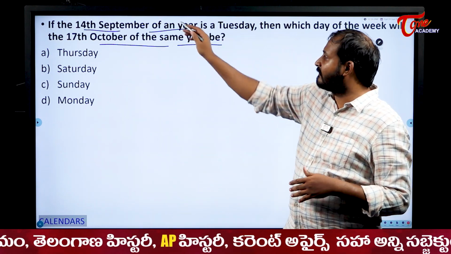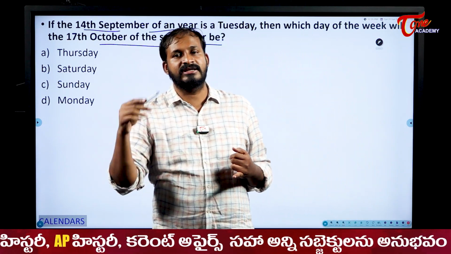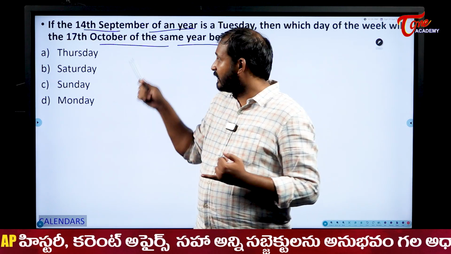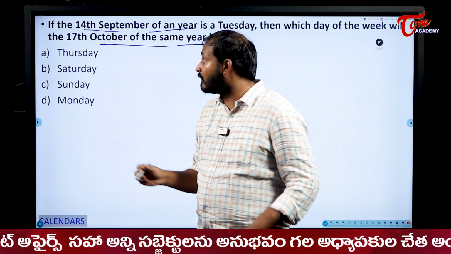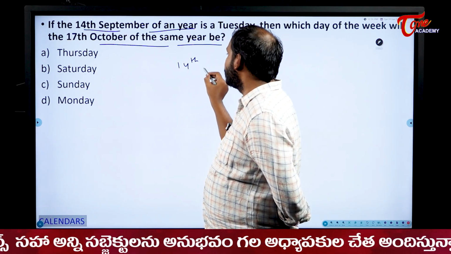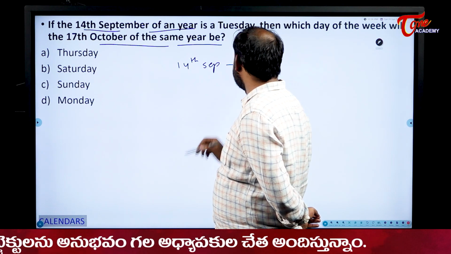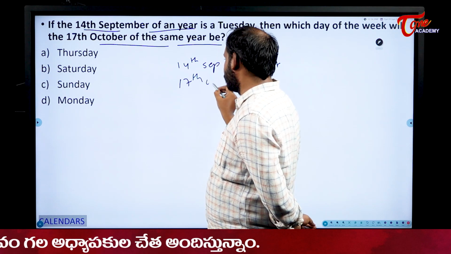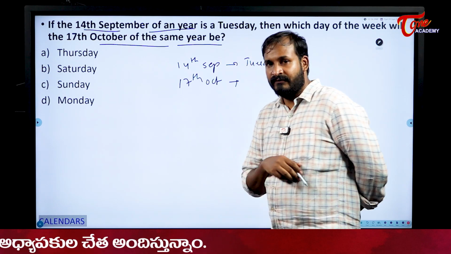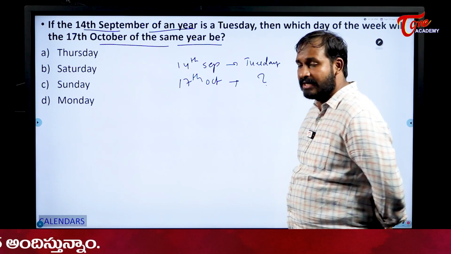Because the first date given is already after February 28, and the date they asked is also after February 28, so no need to think. So 14th September is a Tuesday. He is asking about 17th October. If 14th September is Tuesday, what about 17th October of the same year?